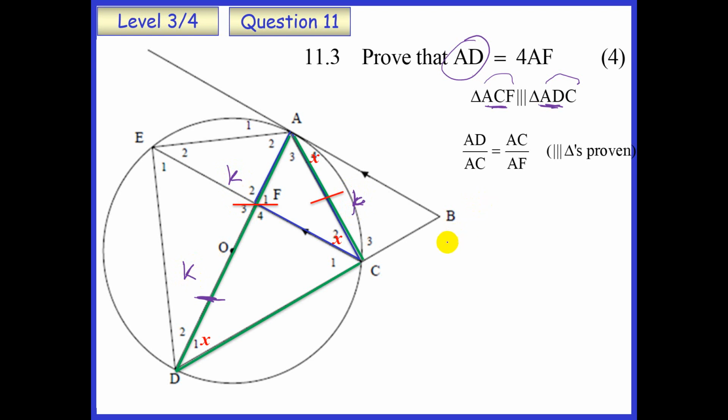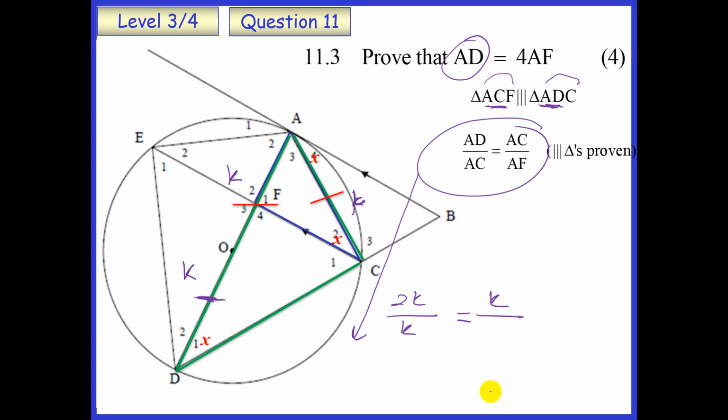Putting that together, AD, which we know is now 2K units, over AC, which is K units, will be equal to AC, which is K units, over AF. And we don't know at this stage what AF is.